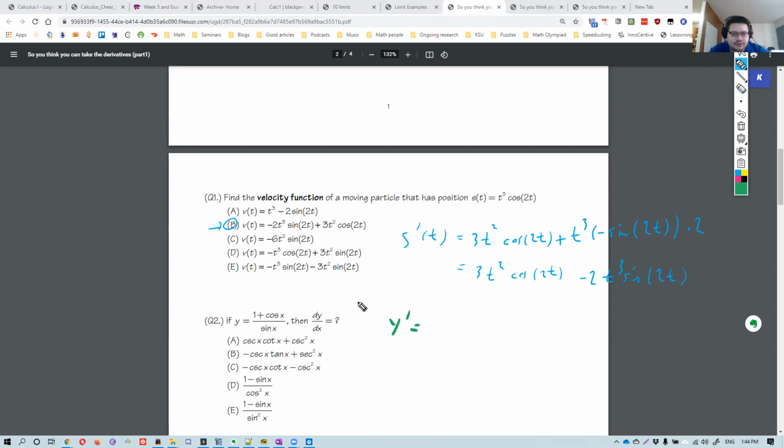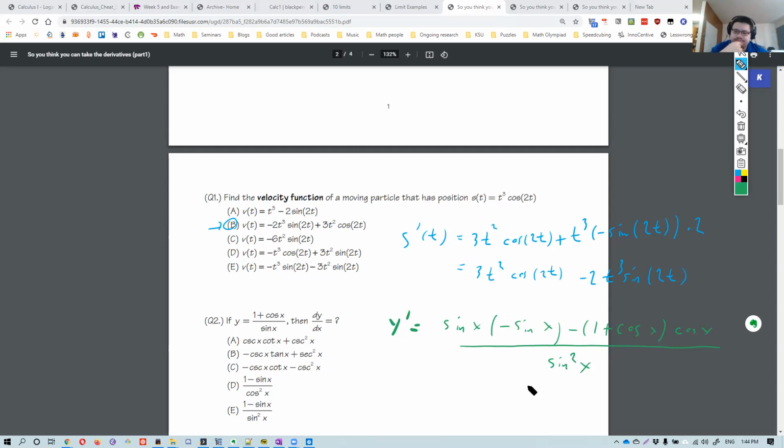Y prime is equal to, by the quotient rule, the denominator times the derivative of the numerator. So this is going to give you minus sine, and then minus the numerator times the derivative of the denominator. The derivative of the denominator is going to be cosine, and this is all over sine squared.